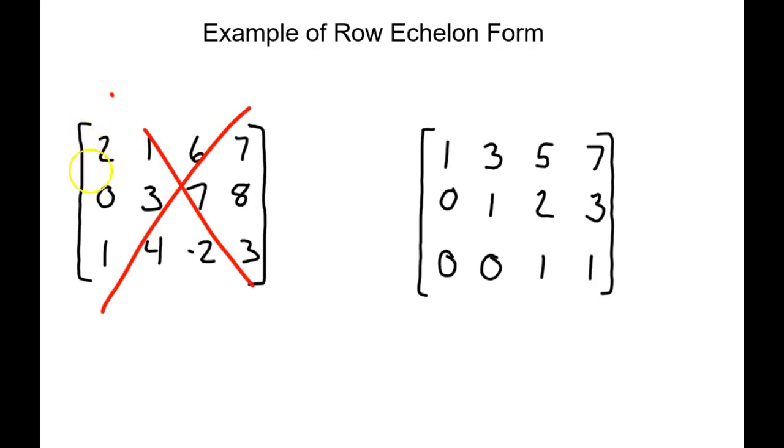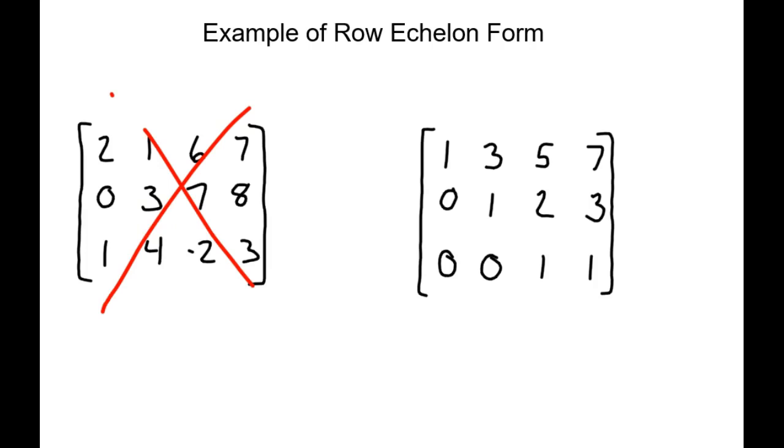If we look at our first non-zero entry in this row, it is a 2, so that condition is not met. Even if we go to the second row, our first non-zero entry in that row is a 3. If this is in row echelon form, the first non-zero entry has to be a 1. So a couple conditions are not met.